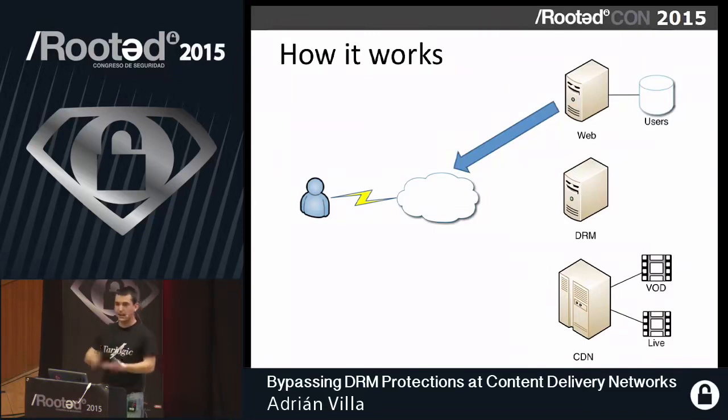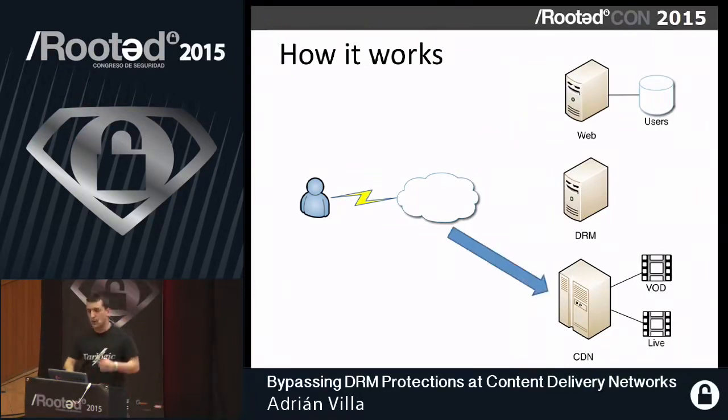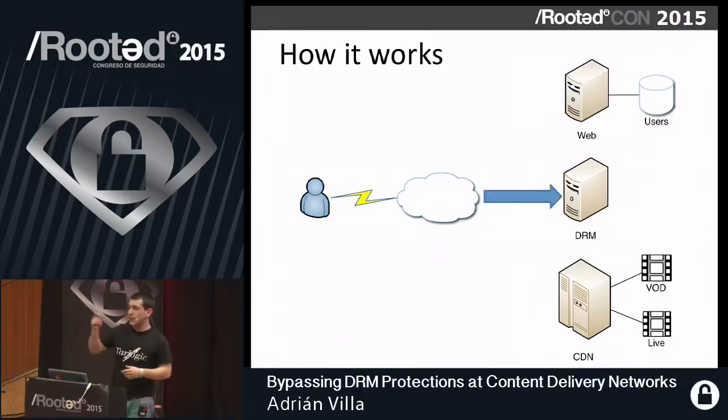Then the web gives back an HTML file and all the parameters that the player needs to play the video, whether it is the manifest, the URL of the DRM server, that is to say the ID of the product, etc. Then the player requests from the CDN the necessary information to start playing the video, and when the video is played, if it is protected through DRM, it does a request to the server.